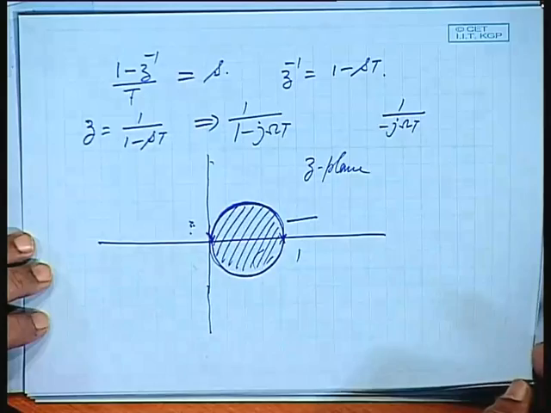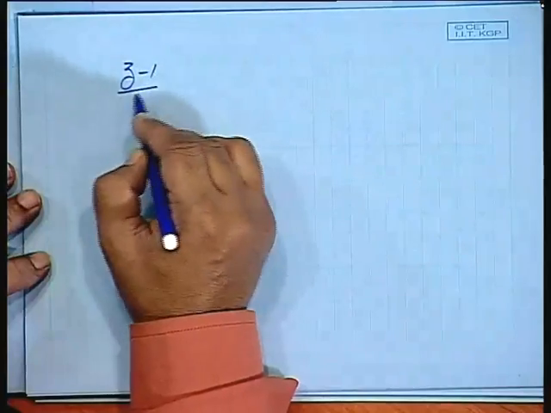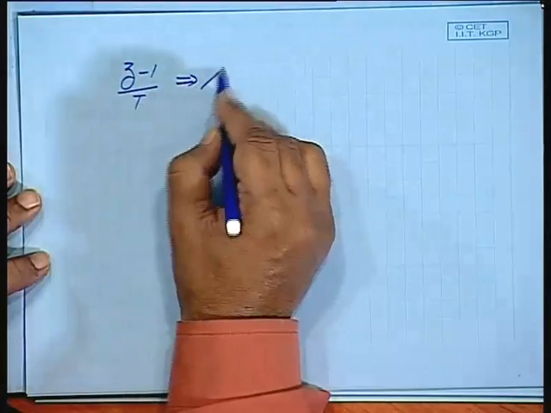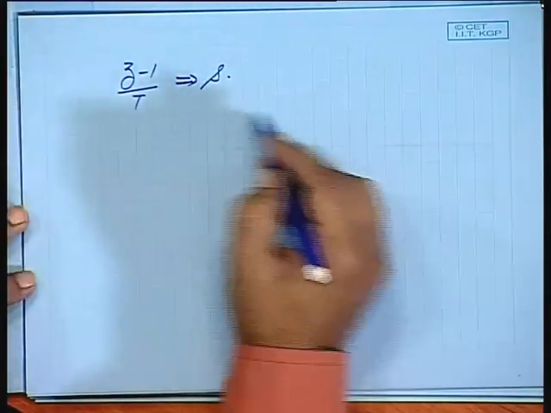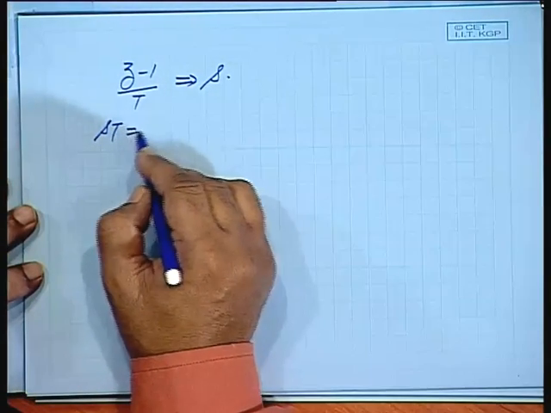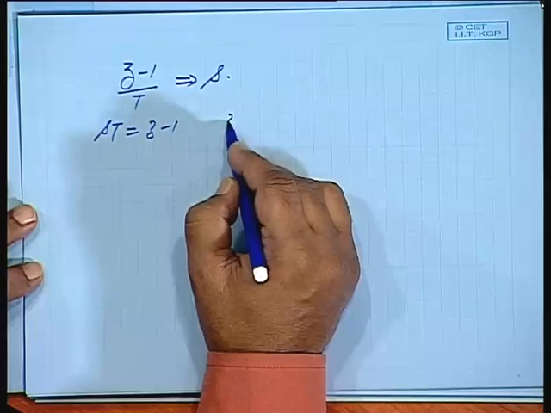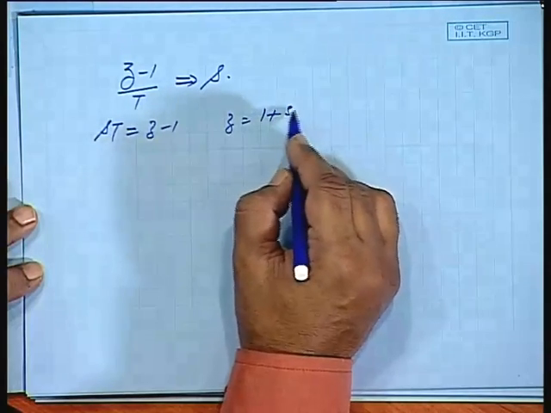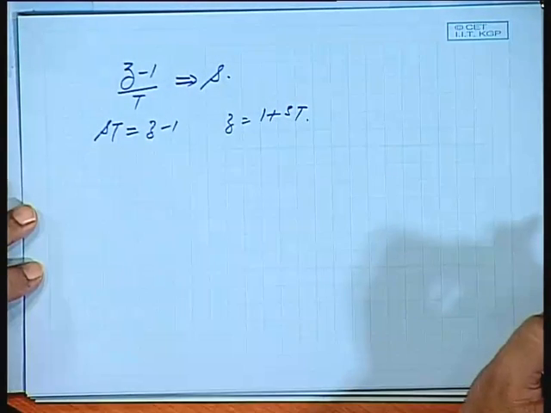Let us see the other approximation. Any question on this? The next approximation was (z minus 1) by T equivalent to s. sT is equal to z minus 1, or z is equal to 1 plus sT, is that so?